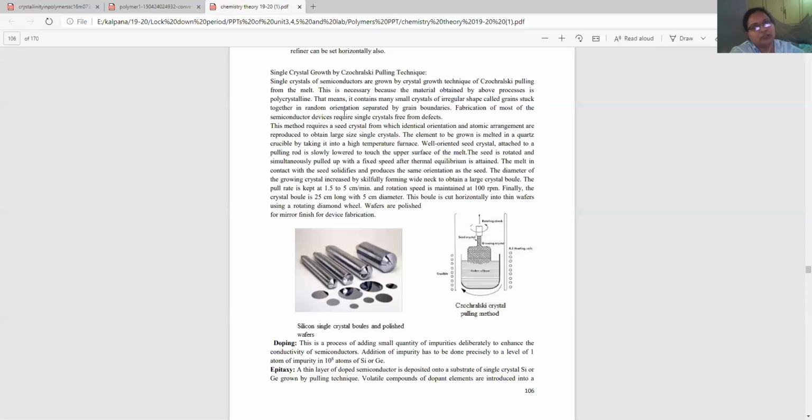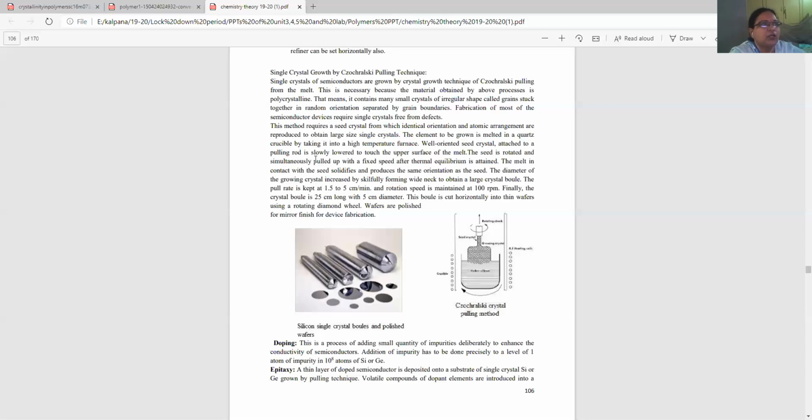On the next day we get yogurt, so what we are doing is adding the seed in it. Similarly, in this Czochralski crystal pulling technique also, we are going to take a seed crystal. That seed crystal will be of what we are going to prepare, that is silicon or germanium, anything.